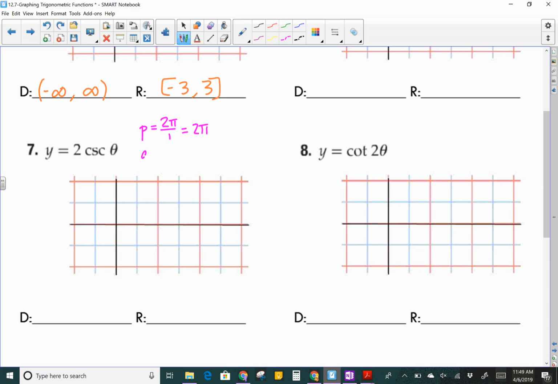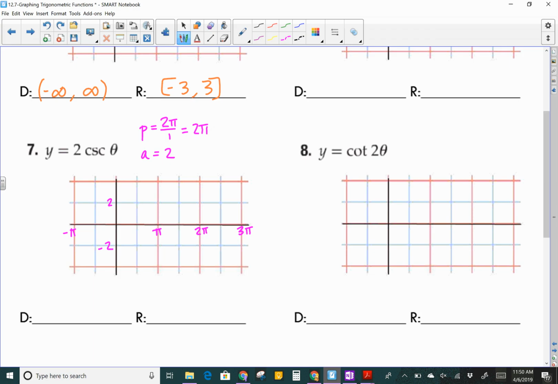The A value is 2, but remember it's not amplitude because we don't have an amplitude with these graphs. Period 2 pi, go out 4 tick marks, label it 2 pi, halfway between is half of that. To get the last one, I add those 2 together. On the other side is the opposite. My A value is 2, so I'm going to label my graph 2 and negative 2.